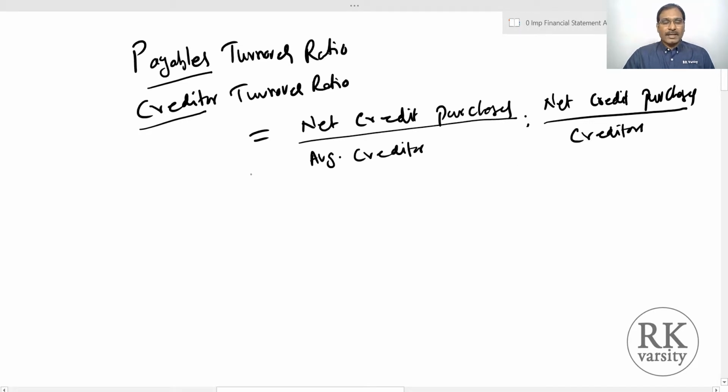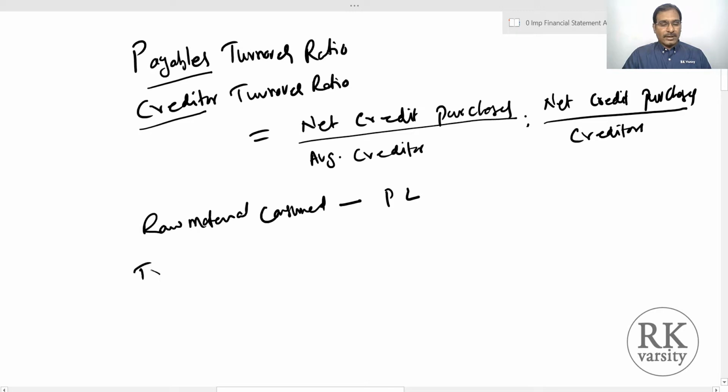However, in a balance sheet, you find neither net credit purchases nor creditors. In the statement of profit and loss account, you will find raw materials consumed. And instead of creditors, you will find trade payables under the head current liabilities in the balance sheet.